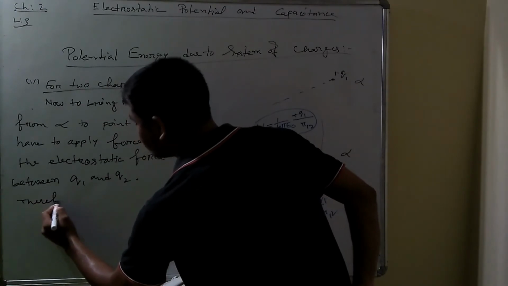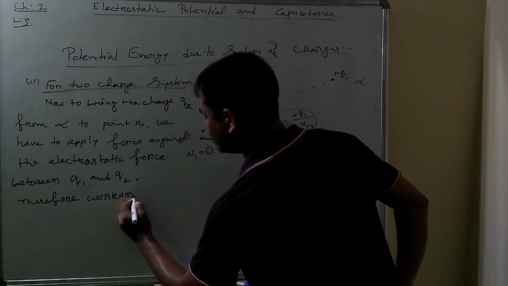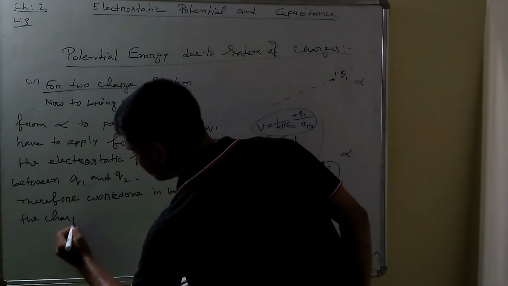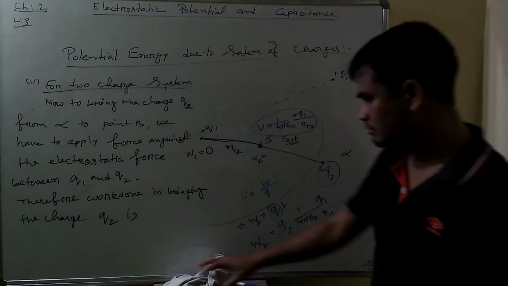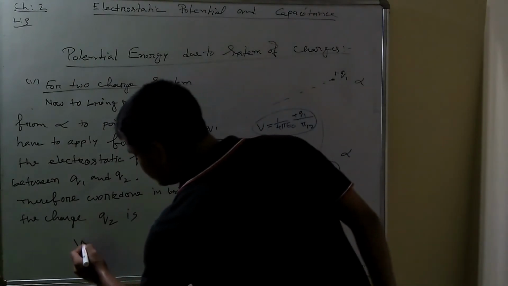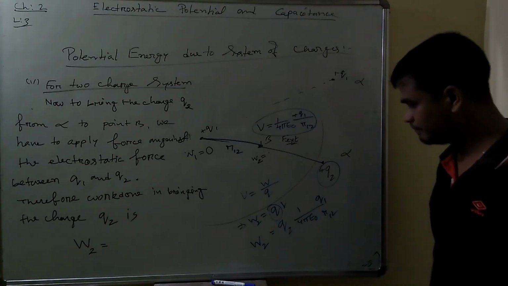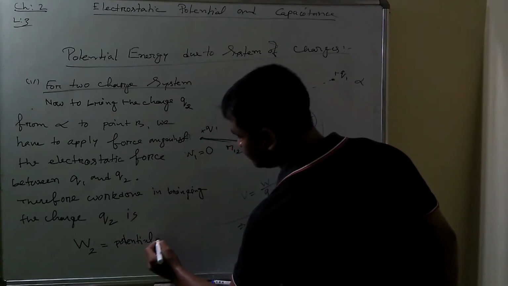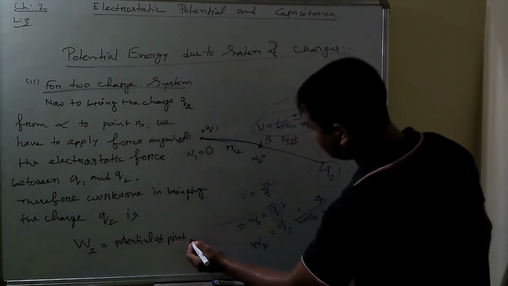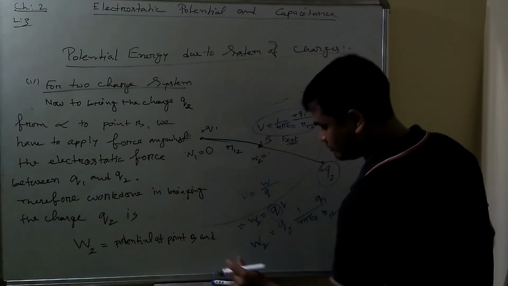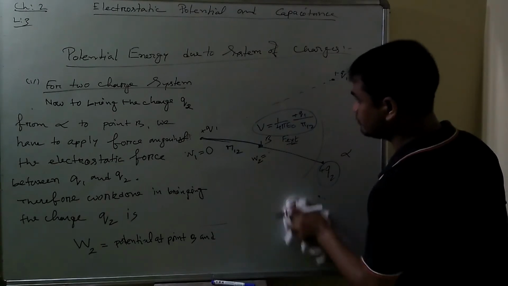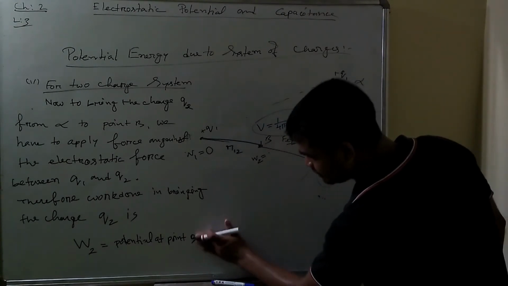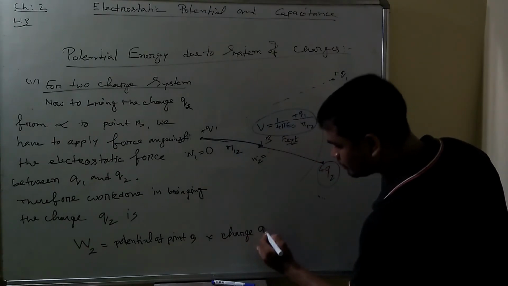Therefore, the work done in bringing the charge Q2, W2, is equal to the potential at point B and charge Q2.